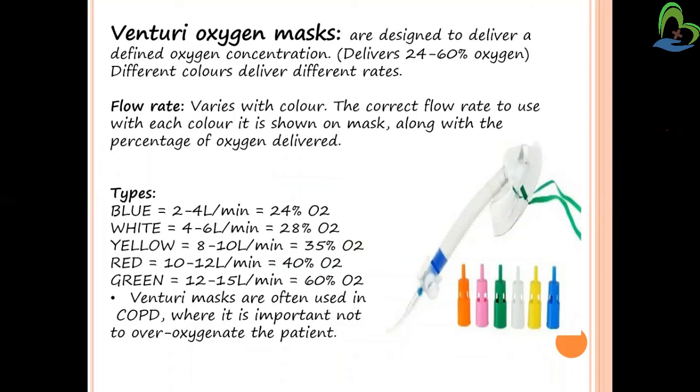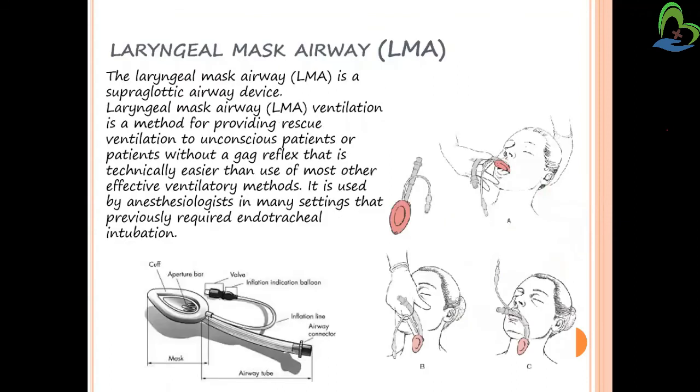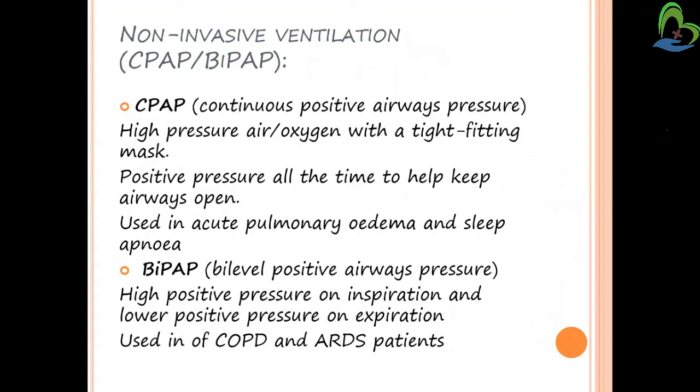In that we saw that there are different color devices which are preset, through which a defined oxygen concentration will be delivered to the person. Oxygen laryngeal mask we have discussed. Laryngeal mask airway, in which this LMA is introduced up to the supraglottic region. Then we have discussed non-invasive ventilation and invasive ventilation.